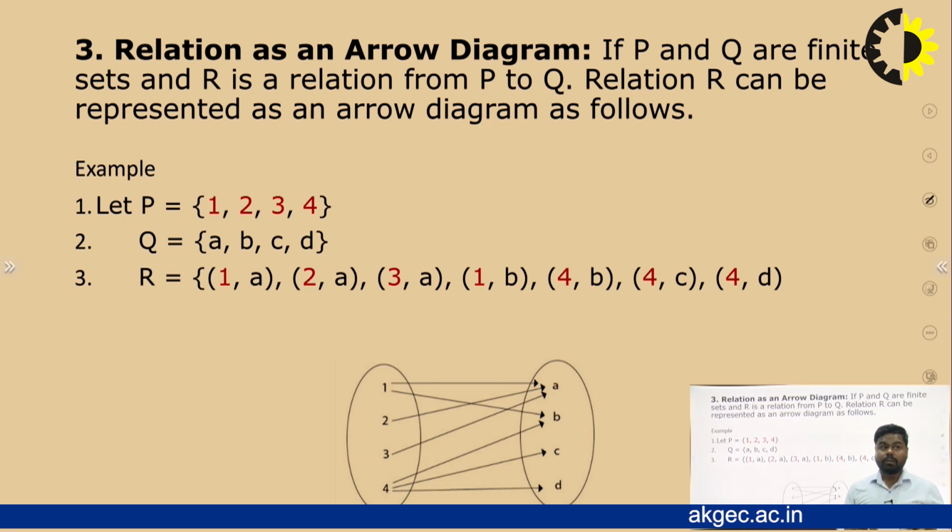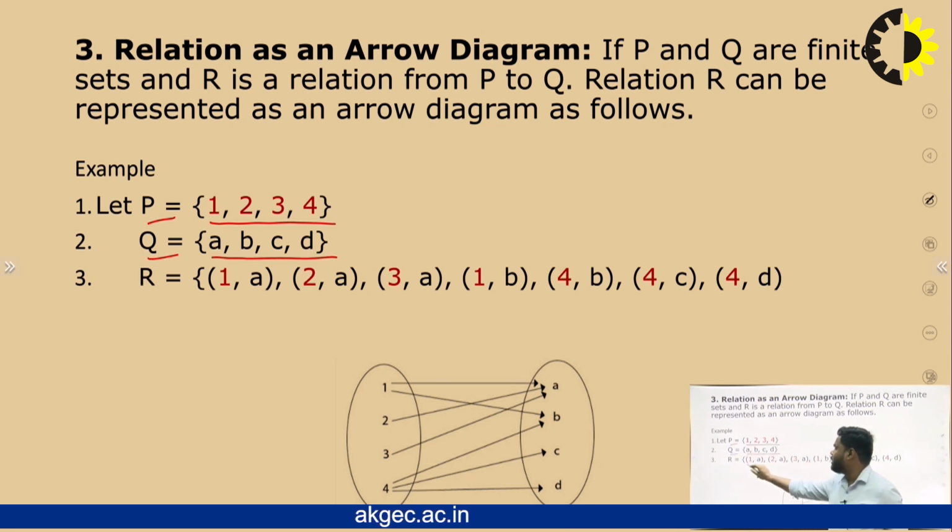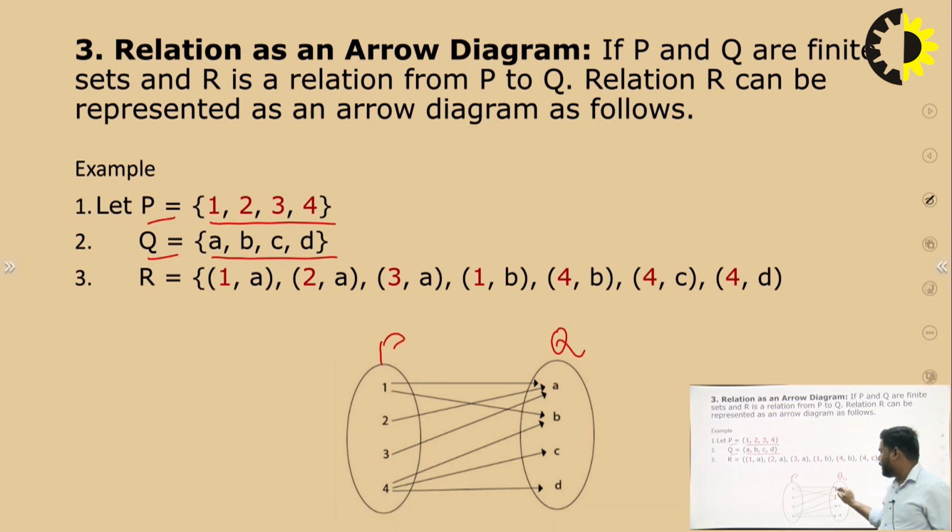I have taken an example: P is a finite set, Q is also a finite set, and the relation is given. We make 1, 2, 3, 4 as P and this as Q. So 1 to A, 2 to A, 3 to A, 1 to B, 4 to B, and this way you can make your relation as an arrow diagram.